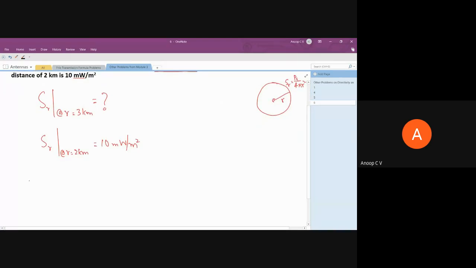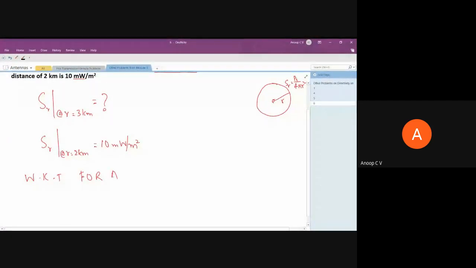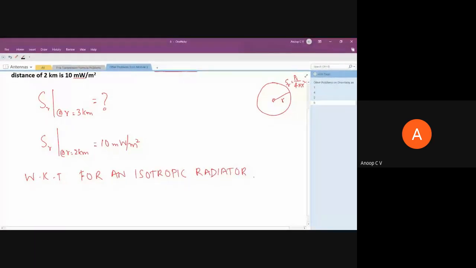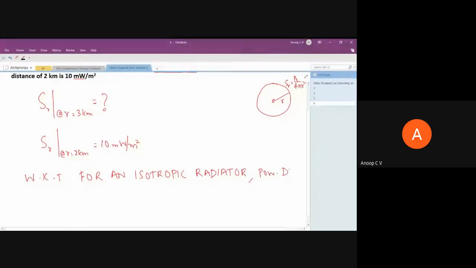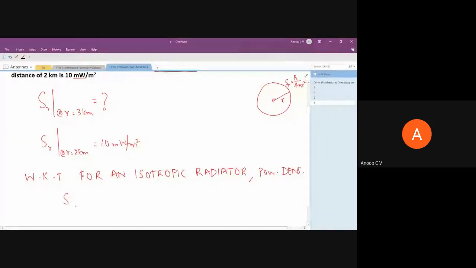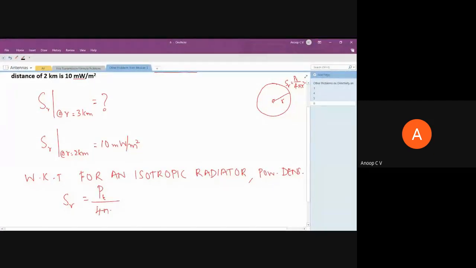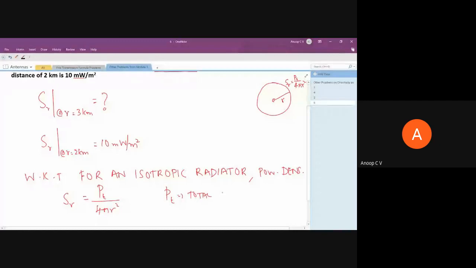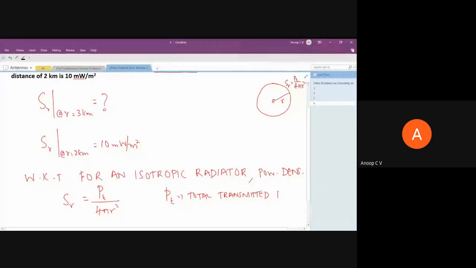So we know that for an isotropic radiator, power density SR will be equal to PT divided by 4 pi R square, where PT is the total transmitted power.